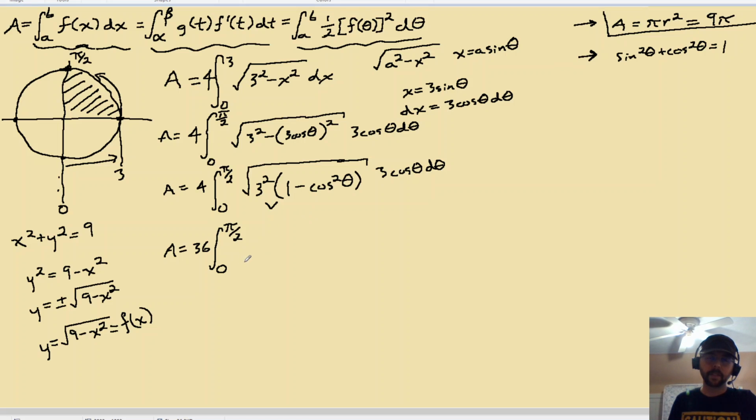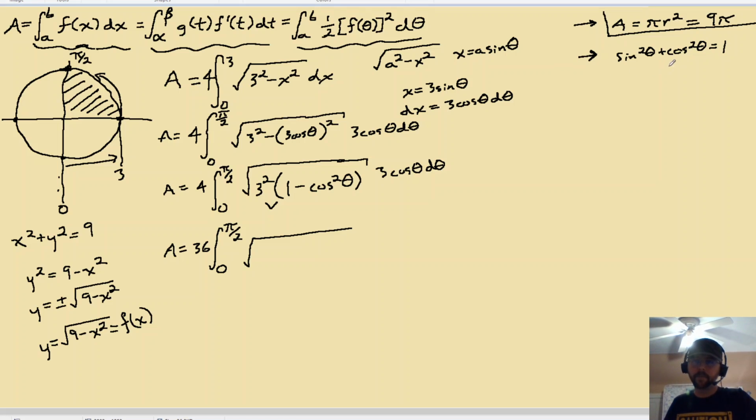And what's left inside the square root then is 1 minus cosine squared theta. That's why this is written here. Sine squared theta plus cosine squared theta equals 1. This is just something to memorize.